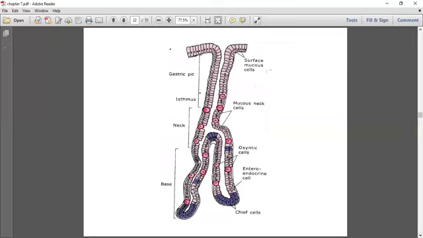Schematic diagram of the epithelium that lines the lumen or the internal surface of the fundic region.